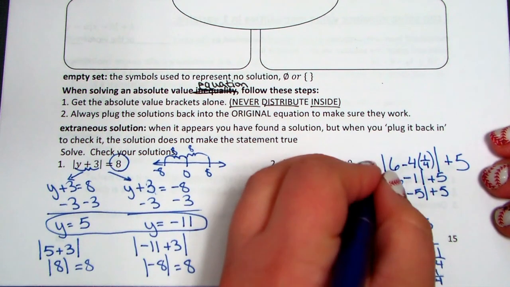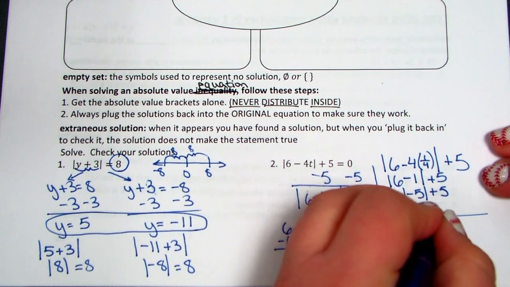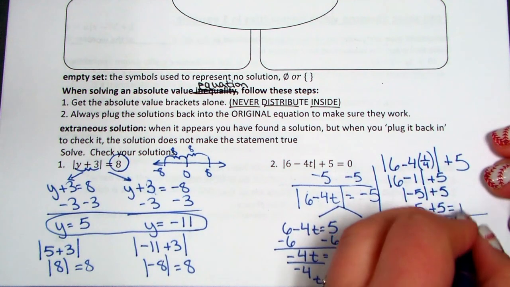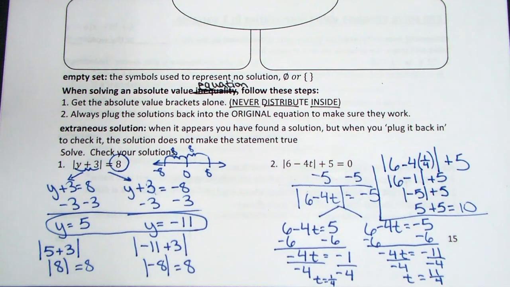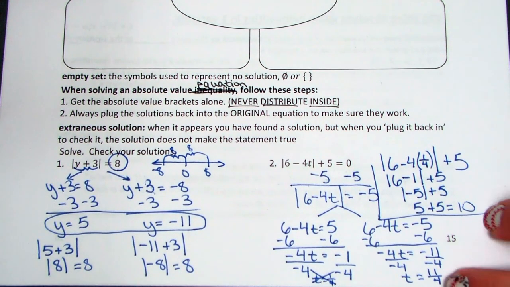The absolute value of negative 5 is positive 5. And 5 plus 5 is 10. That's not the 0 that we wanted when we started off. So that means that this solution is not one that I'm allowed to include.